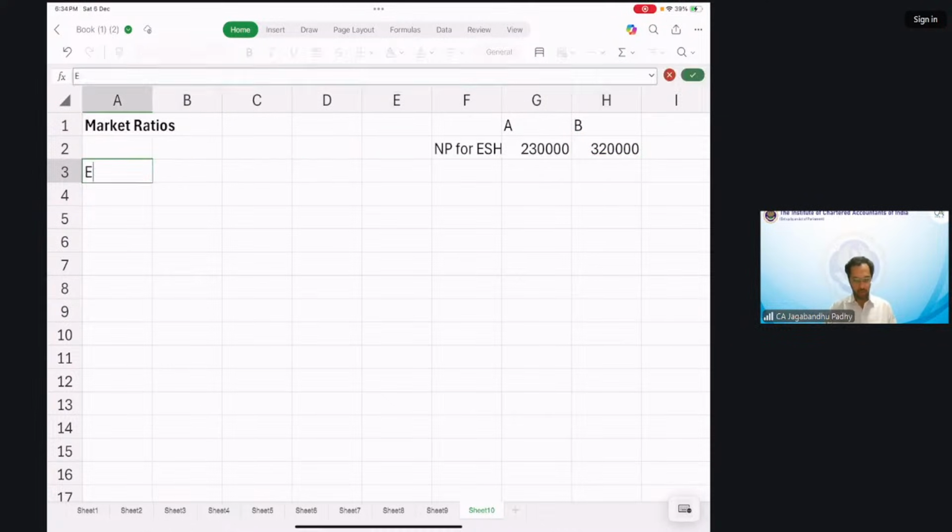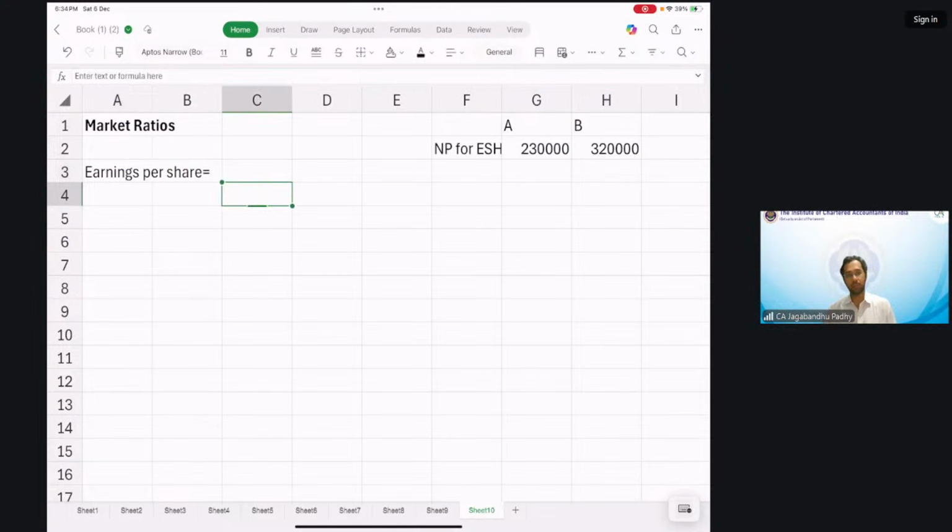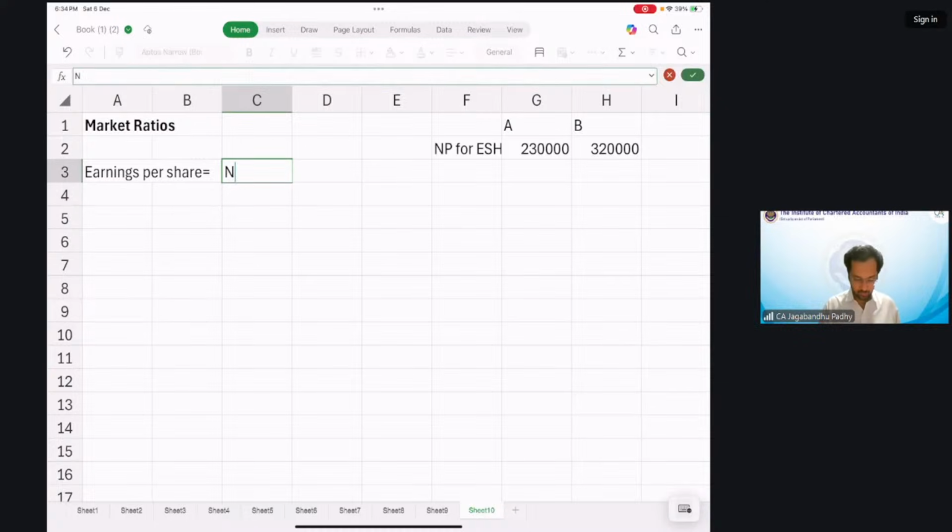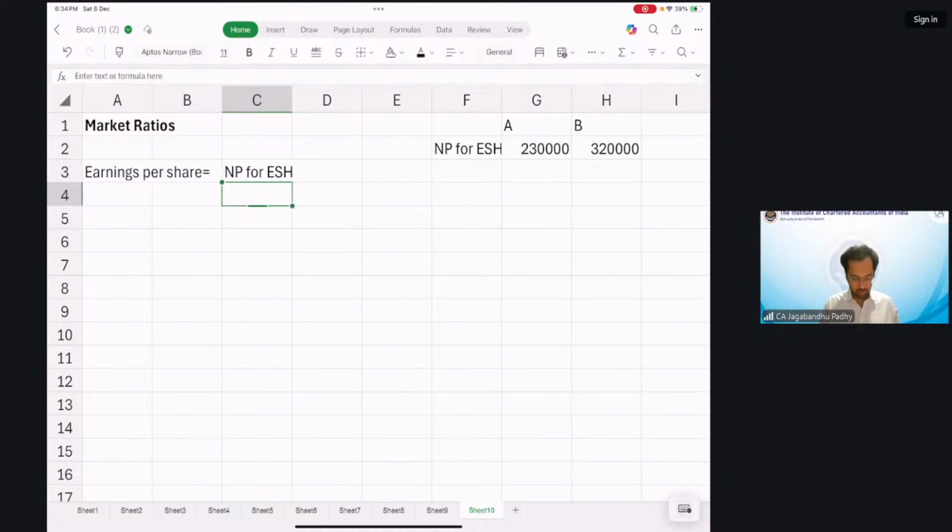So if I ask you, how do we calculate the earnings per share? Can you tell me what should be the formula for earnings per share, guys? Earnings per share will be, of course, net profit for equity shareholders divided by number of equity shares.